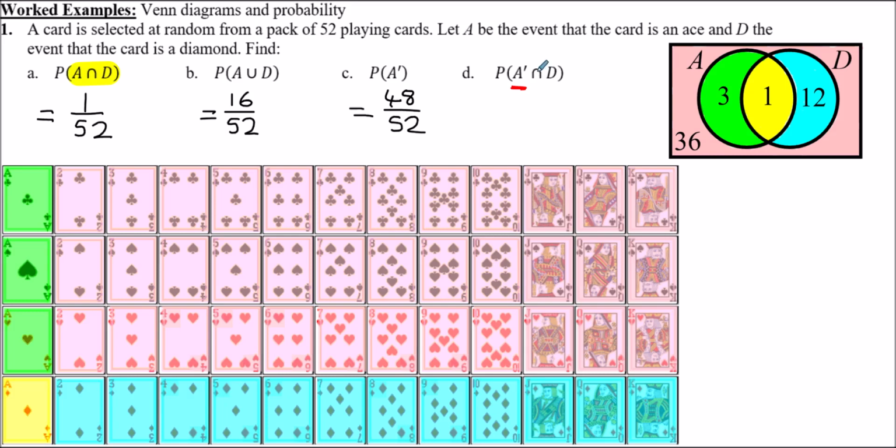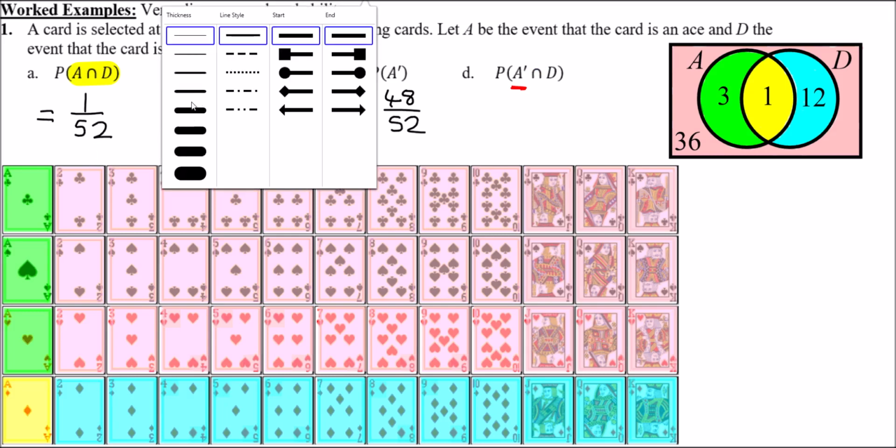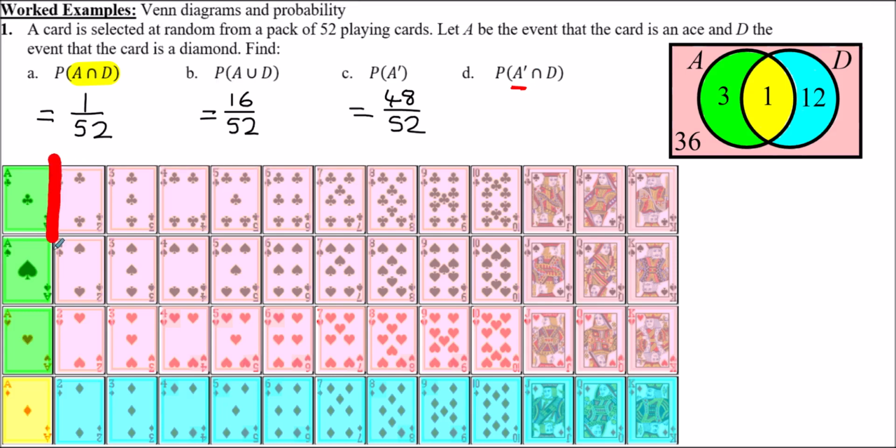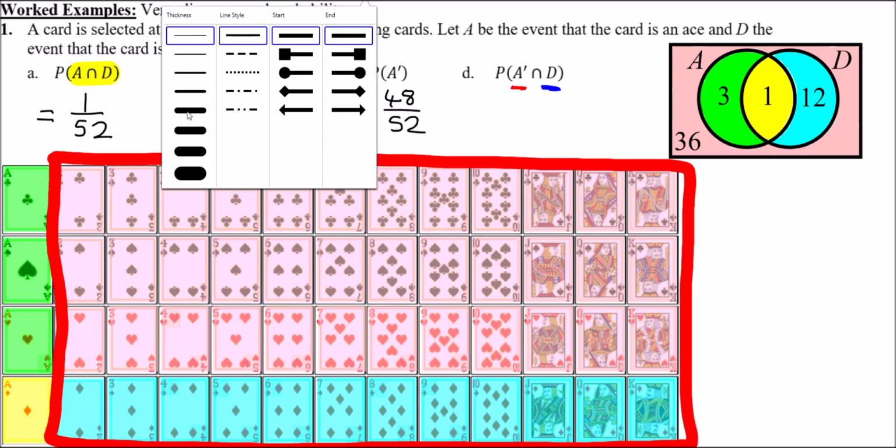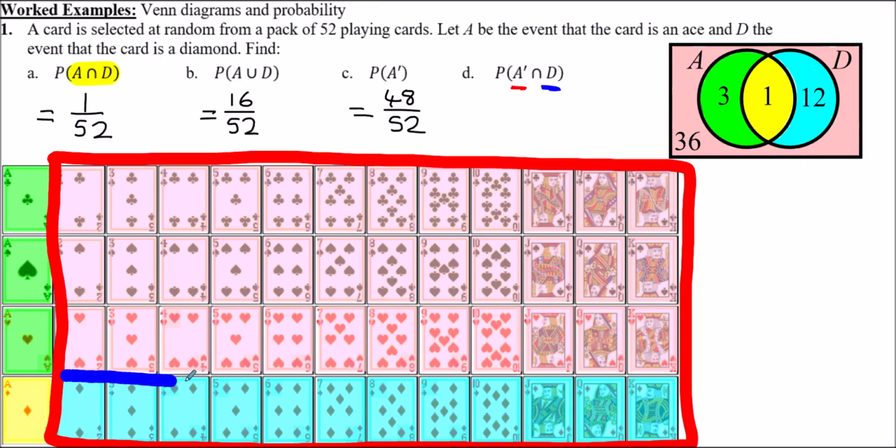So where does the region A dashed, the not A's, and what I'm going to do here, I'm going to draw this out in fact. So the not A's are all of these. So there's 48 of them. And where it's also a diamond, well, the diamond bit is this bit here.